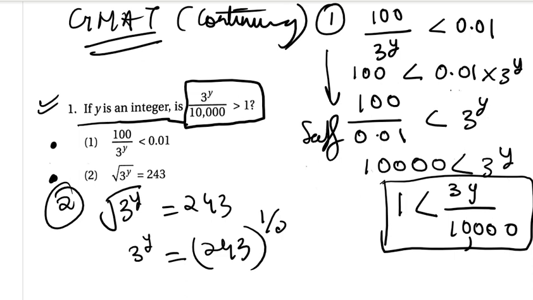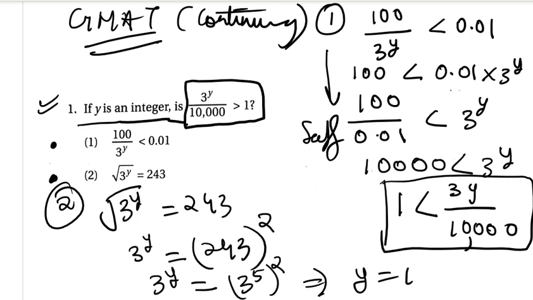Now we've got to split 243, so 243 is actually 3 to the power 5, whole to the power 2. That implies y is equal to 10, right? So you see, even the second part is sufficient.